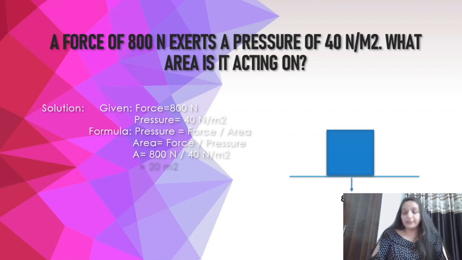Now placing the values, area becomes 800 Newton divided by 40 Newton per meter square. I'm writing the units for the ease. So here 800 will be cancelled out by 40, which gives us 20, and Newton divided by Newton will be cancelled, and the remaining will be meter square. So our answer is 20 meter square.